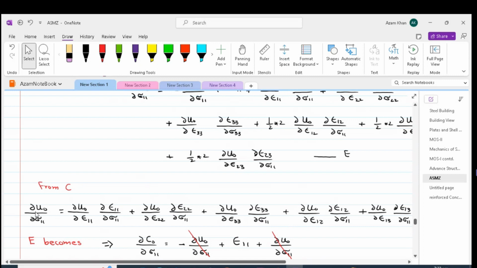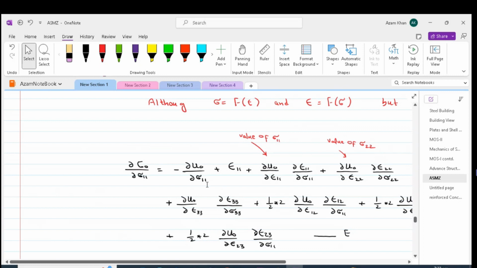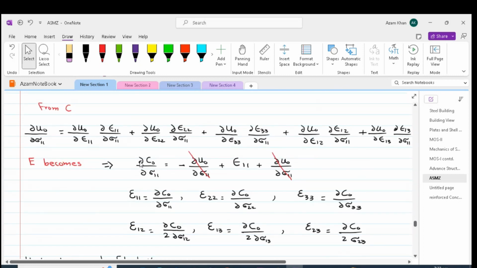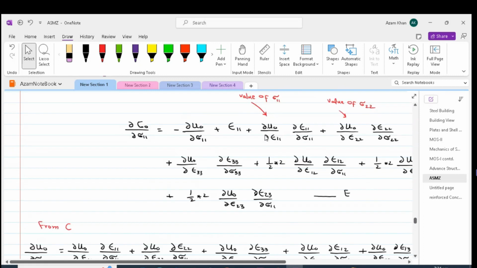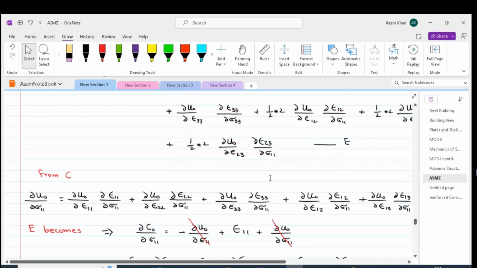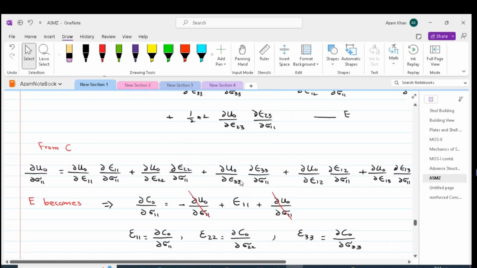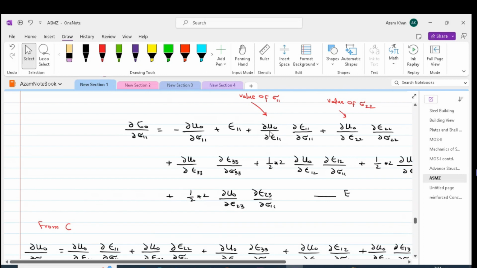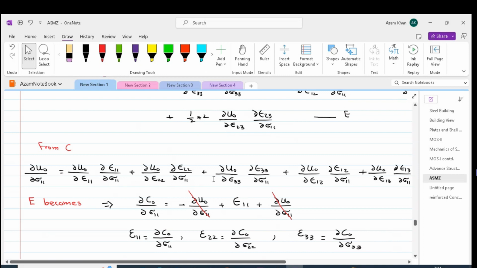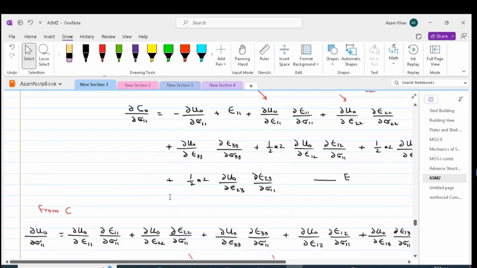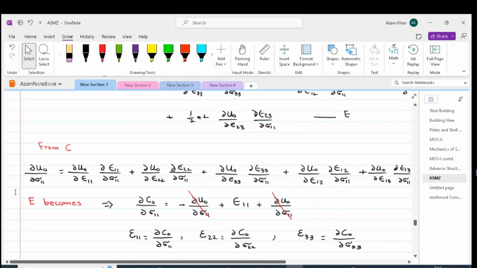The value of this expression, partial u naught by partial sigma 11, can be put in expression E and we would get partial c naught by partial sigma 11 equal to all the terms. Comparing equation E with this expression, we realize that from the third term till the end, the terms are the same as all the terms in this expression. So the third term till the end can be changed with partial u naught by partial sigma 11, and that has been done over here.